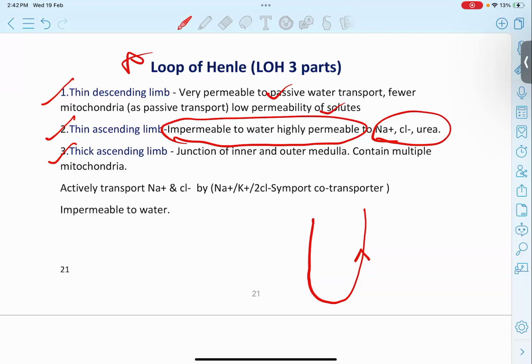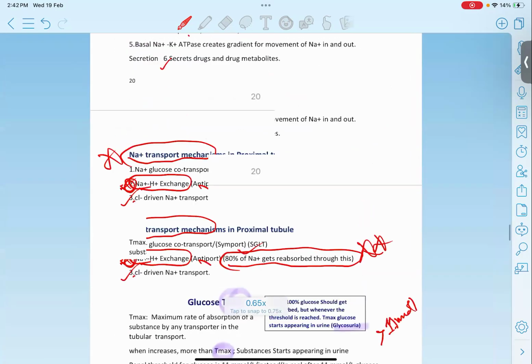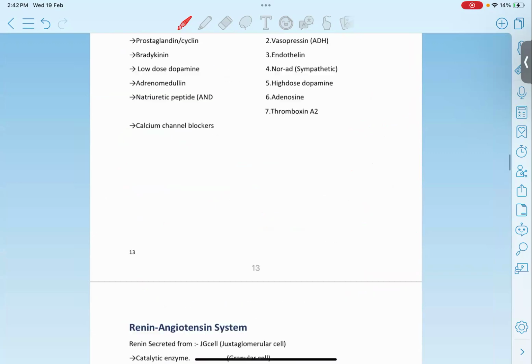Next is the thick ascending limb, then it will get thick. The thick ascending limb is at the junction of inner and outer medulla. Let me show you again.